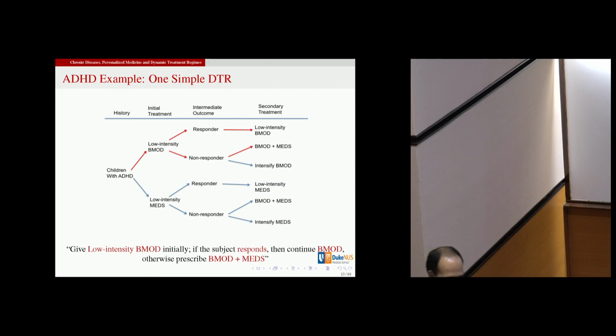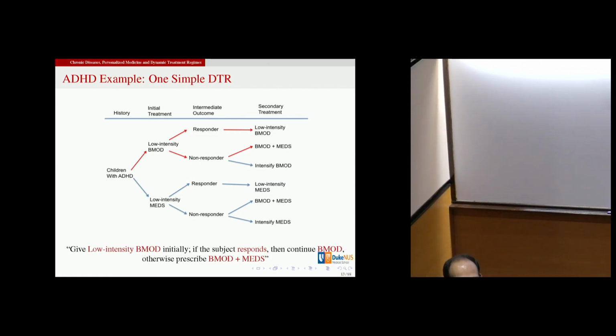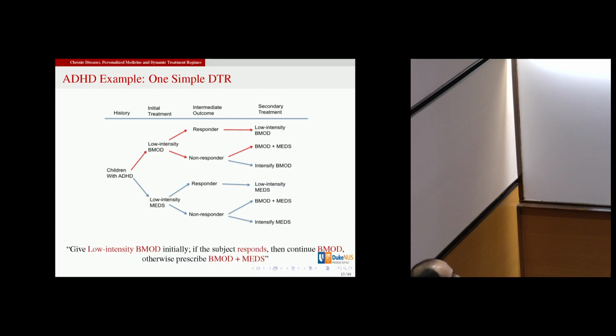So that's what I meant when I said earlier that you do not know the treatment sequences up front, but you only know the rules, you sort of know the parameters. And parameters are specified here by, say, a threshold of some kind of continuous score, and based on that you call them responder versus non-responder, right? So that's what I mean.